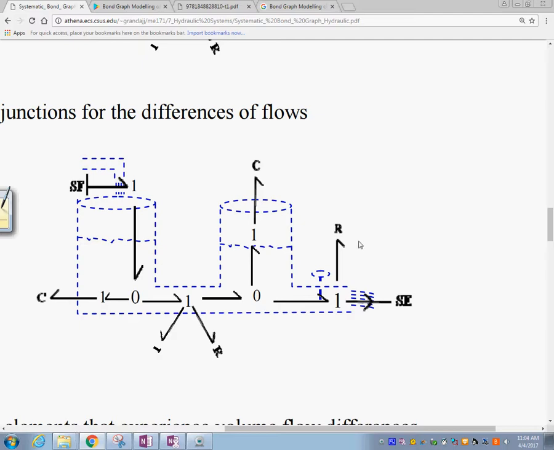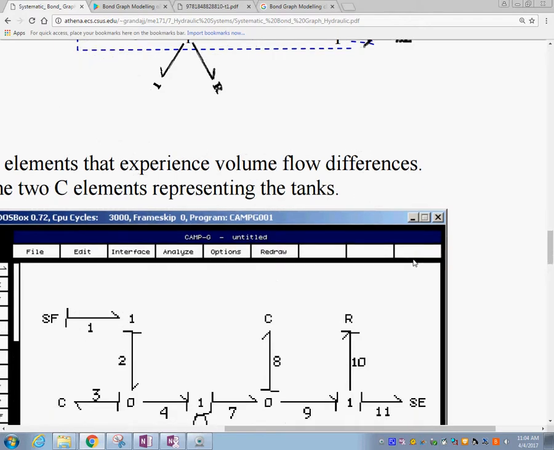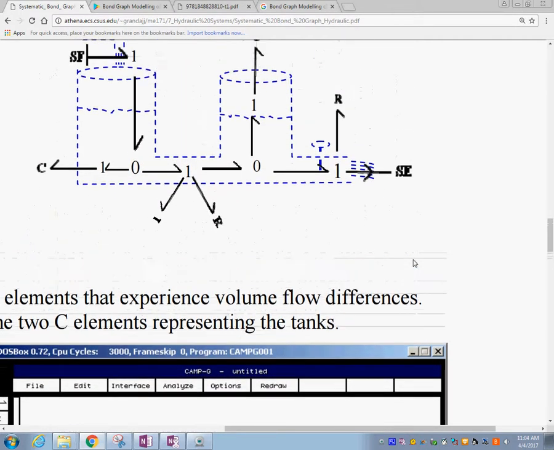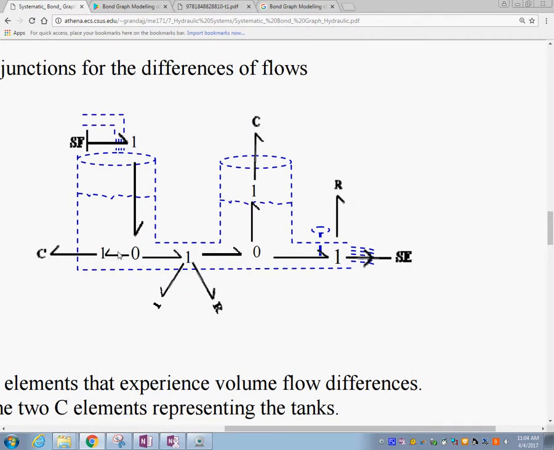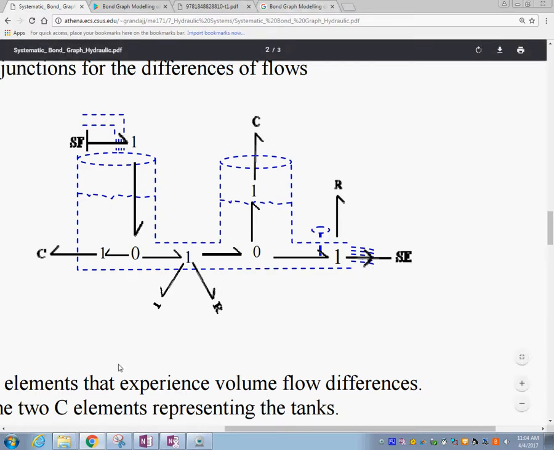So this pretty much builds the bond graph model. It doesn't have causal marks yet, but I think the computer is going to do this. In fact, we could practice here. The computer will complete the causal assignments, put bond numbers, and then make reference to variables using those.